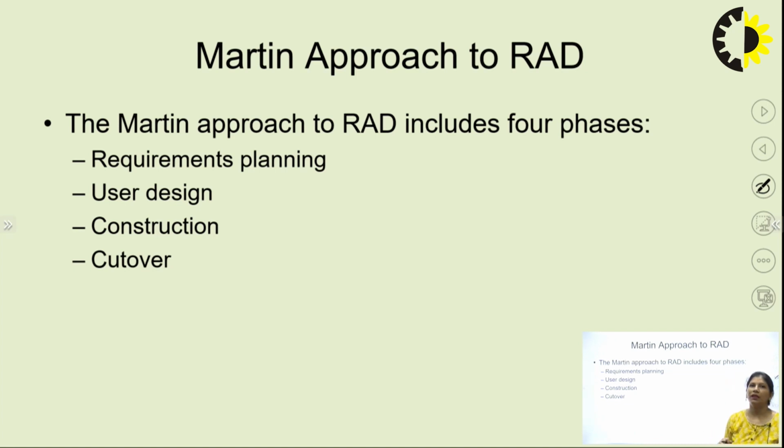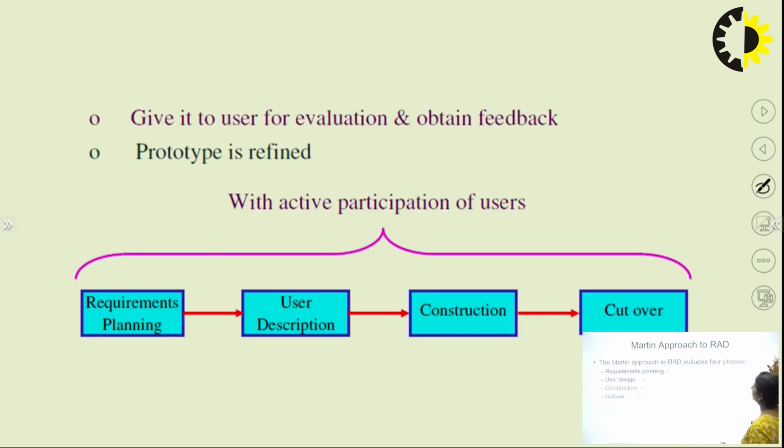There are 4 phases proposed by Martin for using RAD: requirement planning, user design, construction and cutover.